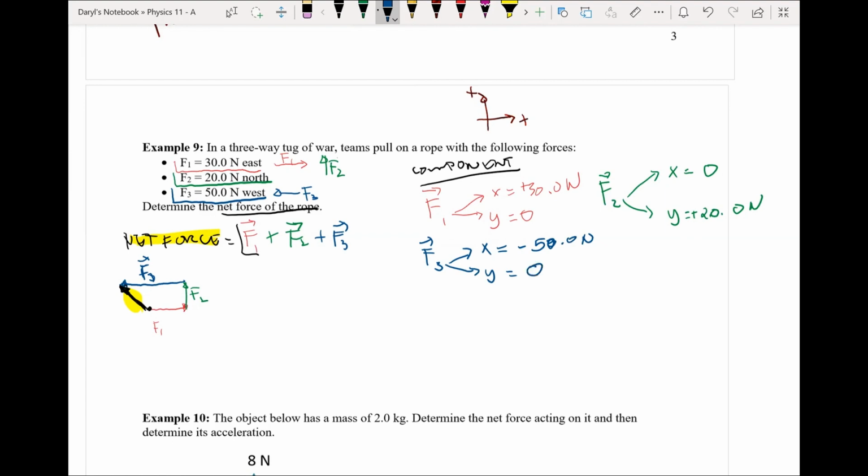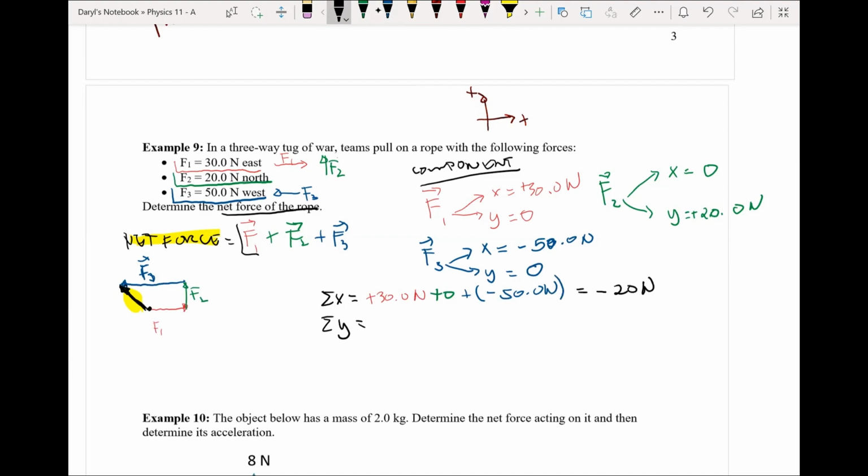Okay. The next thing you're going to do is take the sum of all the x's and the sum of all the y's. For the x's, you have positive 30, plus 0, plus negative 50.0 newtons. So the sum along x is negative 20 newtons.